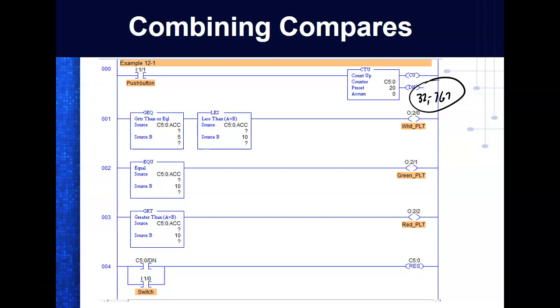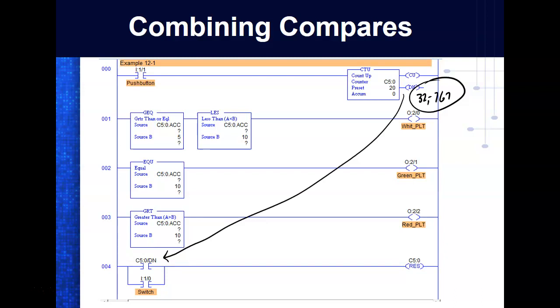Okay. And of course, how far can this counter count? It looks like it's going to be able to count to 19. Can y'all see why? Yeah, it resets on 20. Y'all see this? So down here, as soon as C5 is done, which is going to be done on 20, it would reset itself.